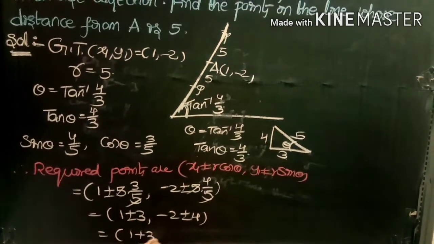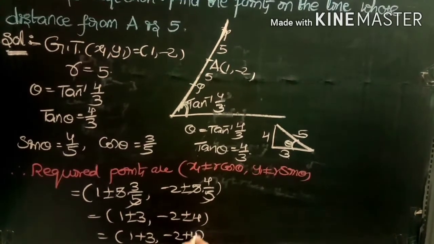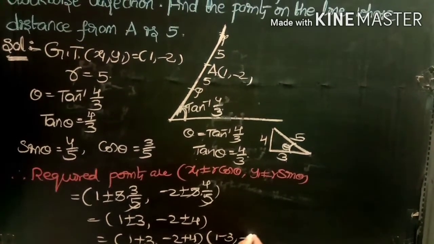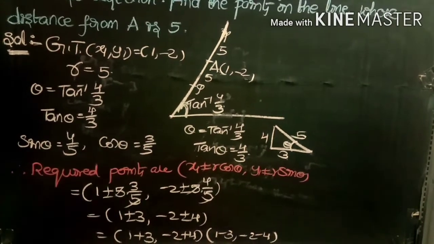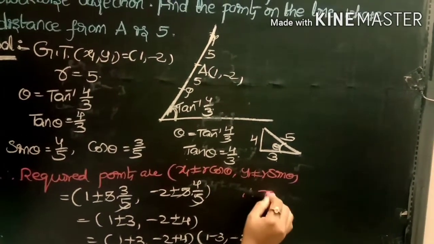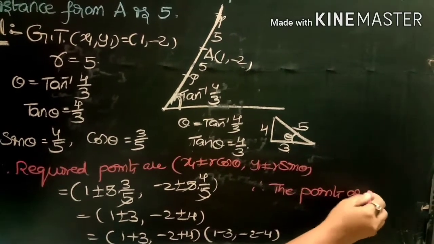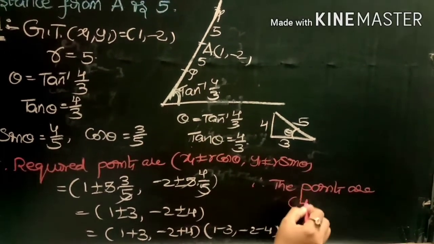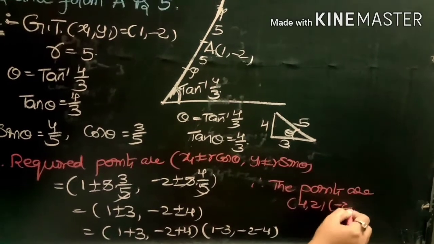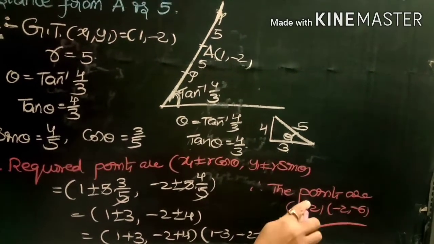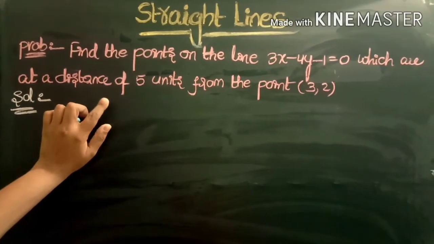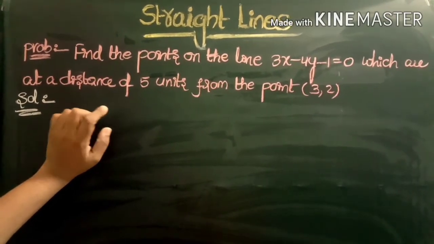That is 1 plus 3, -2 plus 4, and the second point is 1 minus 3, -2 minus 4. Therefore the points are, first point is (4, 2) and the second point is (-2, -6). That's all.